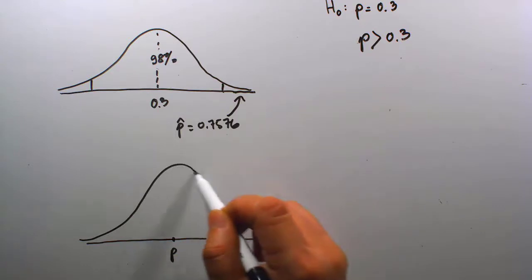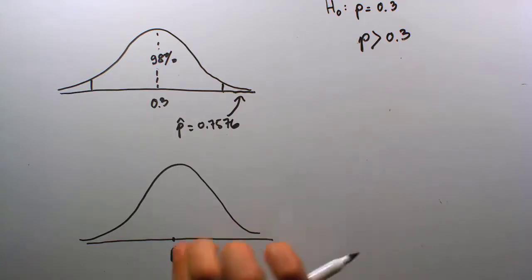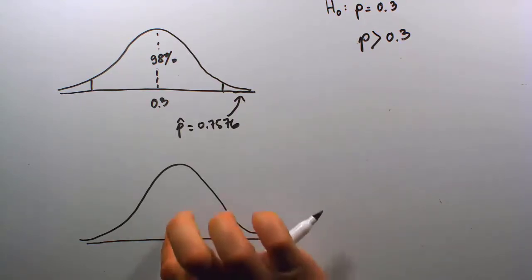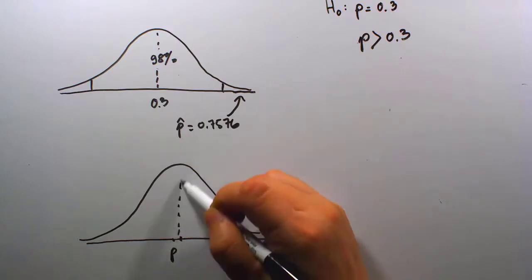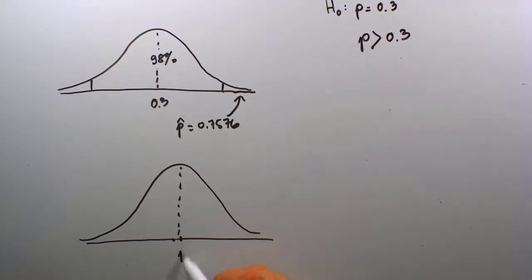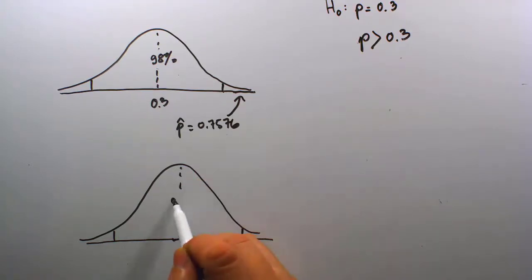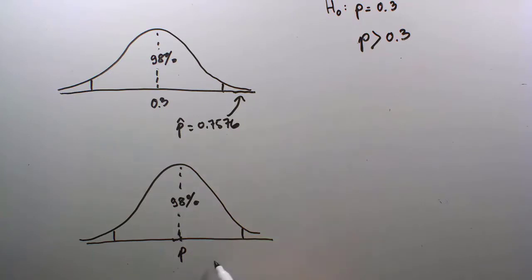And being the center of the bell curve, from where our 98% is, if that claim is brought up higher so that inside of this 98% common area, our sample value 0.7576 would fall inside that common zone, then that's where we're saying that the sample is not showing strong evidence.